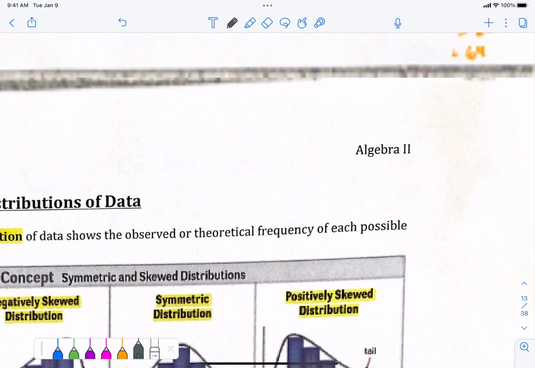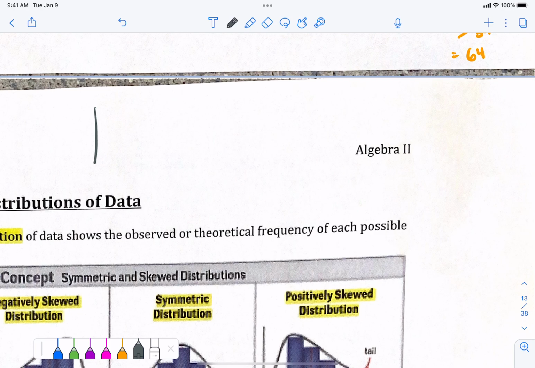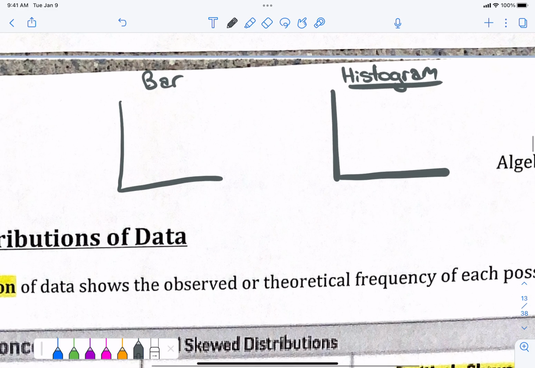I'm going to explain to you at the top here what the difference between a bar graph and a histogram is. You do not have to write this down if you don't want to. Here are some similarities and some differences. A histogram is a bar chart, but there are some differences. Usually a bar graph has what's called categorical data, like categories here at the bottom.